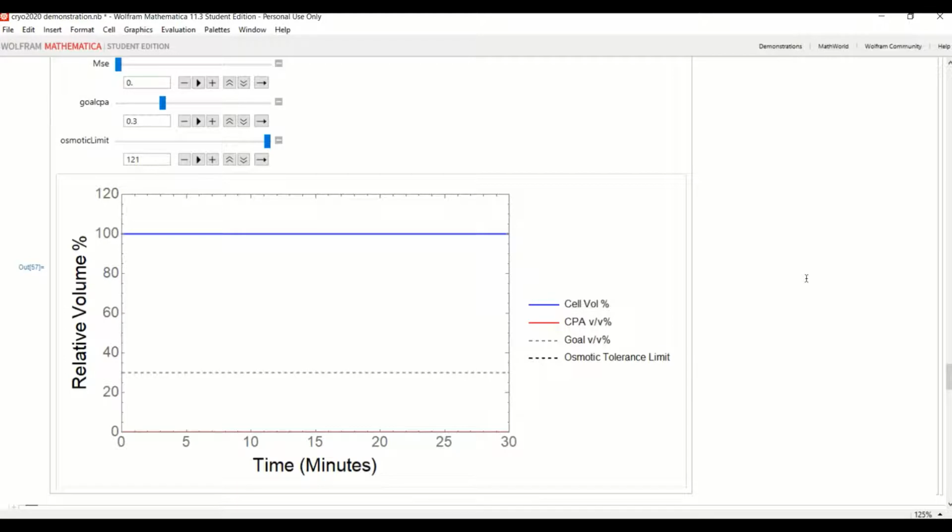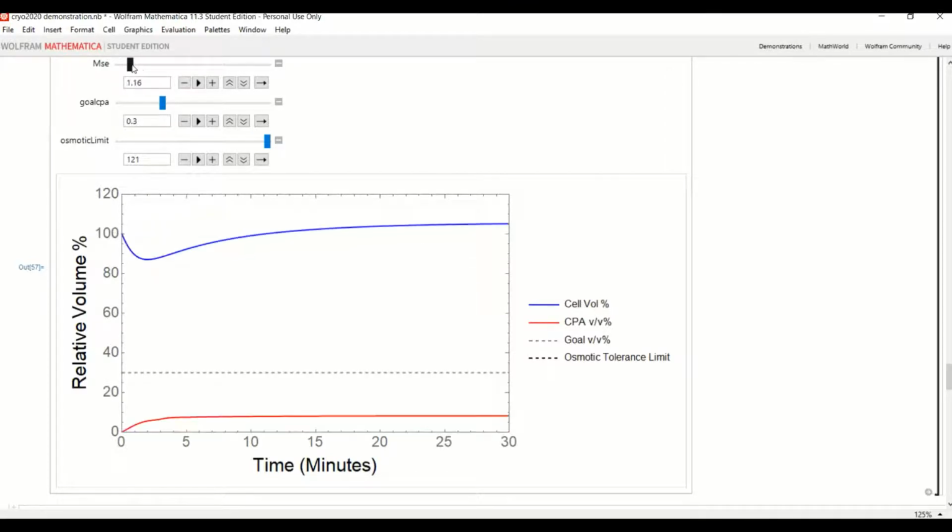However, the issue is that the CPA, the more you put it in, the more it actually adds to the osmotic gradient. The osmotic gradient is what pushes water in or out of the cell. In the case of loading, the water is going to quickly leave the cell in a hypertonic or hyperosmotic condition and then come back in with the CPA.